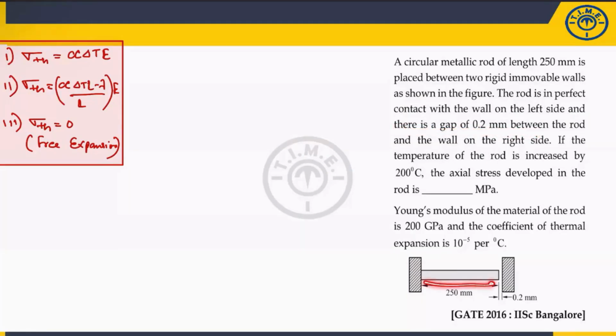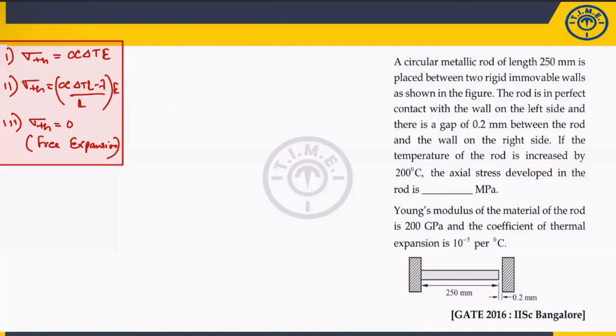If the temperature of the rod is increased by 200 degrees centigrade, what is the axial stress? Axial means along the longitudinal, so it means the thermal stress. Young's modulus is given, the coefficient of thermal expansion is also given. That means alpha is given, delta t is given, length is given, lambda is also given. If you solve, you will get the answer.